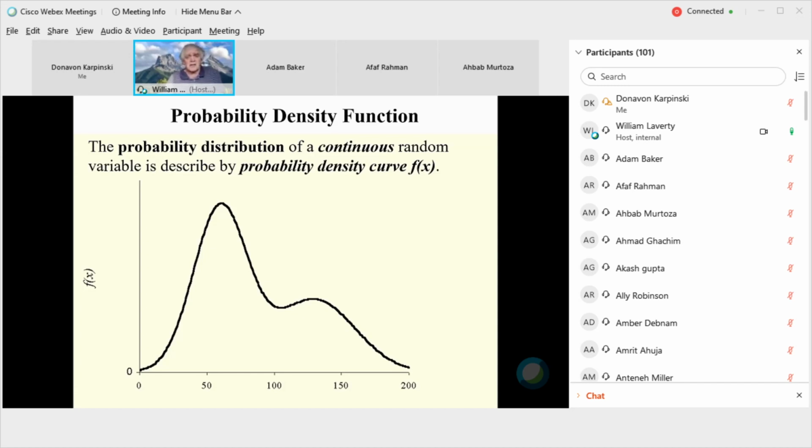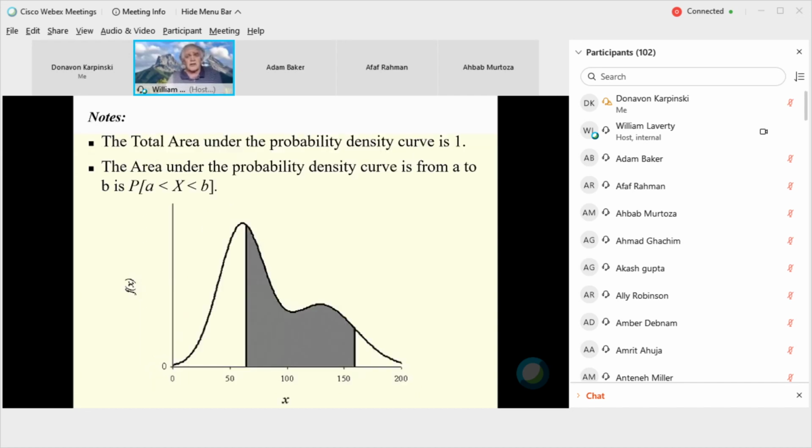The probability density curve gives you the density of probability over each value of x. The total area under the curve is 1, and the area between 2 points is the probability of the random variable being between those 2 points. So where the density curve is high, an interval under that part of the distribution will have a higher probability than an interval of the same length where the density is low.